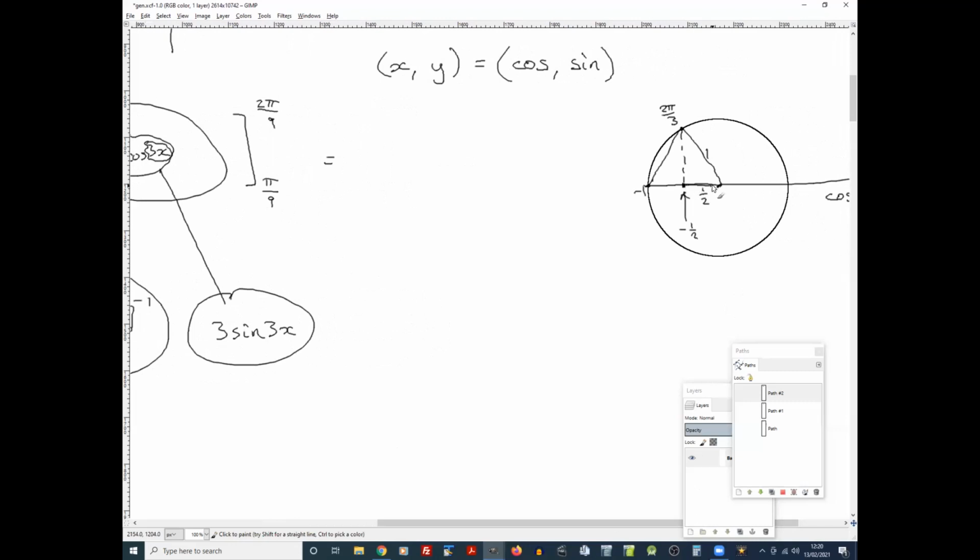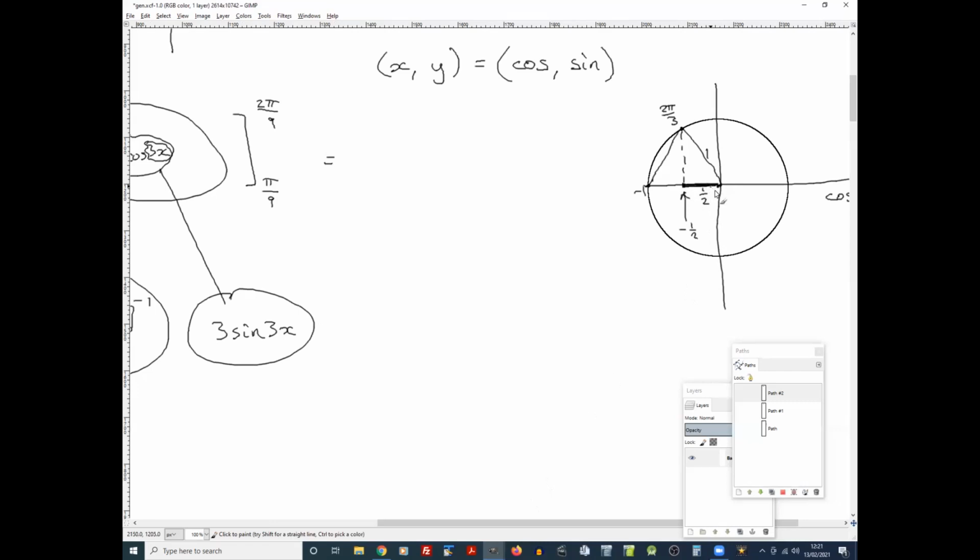The length of that is a half, but we're taking these as coordinates. So the cos coordinate is -1/2. So the cosine of 2/3 pi is -1/2, not the magnitude, which is a half there.